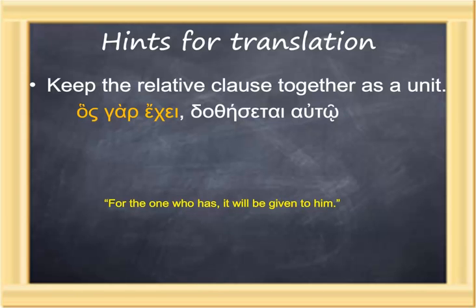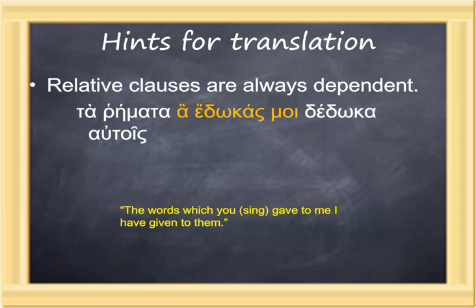This relative clause, for who has, functions as the subject of dothesetai auto. For who has, it will be given to him. And as you probably have noticed in all of these examples, a relative clause headed by a relative pronoun is always dependent.